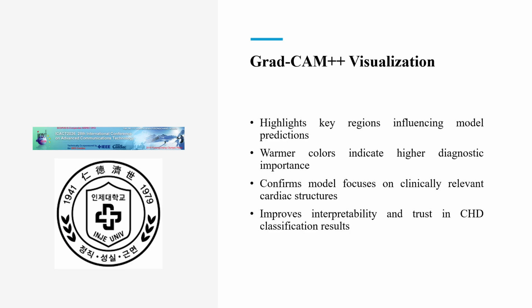Now the Vit-CAM++ visualization main results. Vit-CAM++ visualization highlights regions that strongly influence model predictions. Warmer colors indicate areas of higher importance. These visualizations confirm that the model focuses on clinically relevant cardiac structures, improving trust and interpretability.